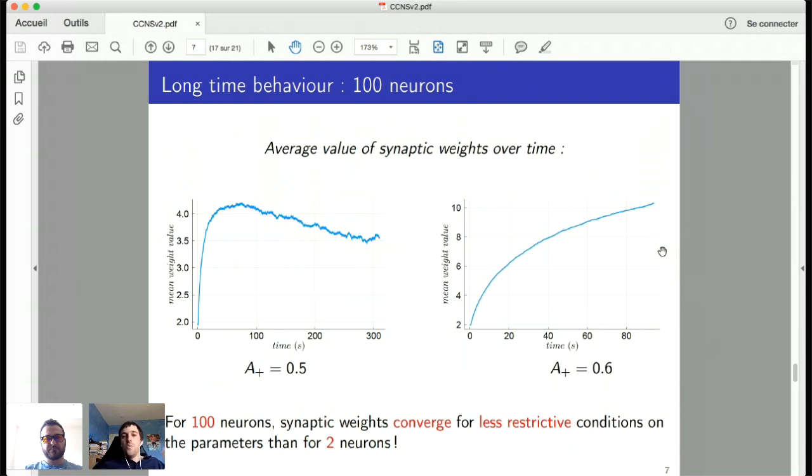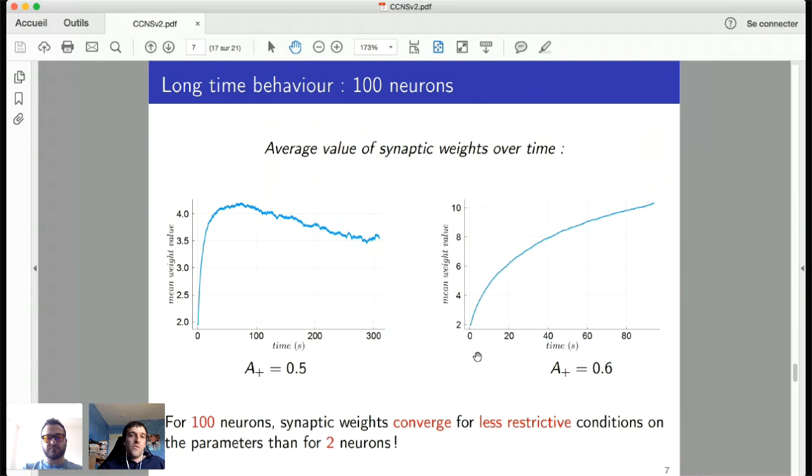Then I will just show you that when we increase the number of neurons, this condition of convergence is still working, and we have even less restrictive conditions on the parameters than for two neurons. Here we see that up to a plus equal 0.6 we have convergence of the weights, and after, between 0.5 and 0.6, we have the divergence of the weights.